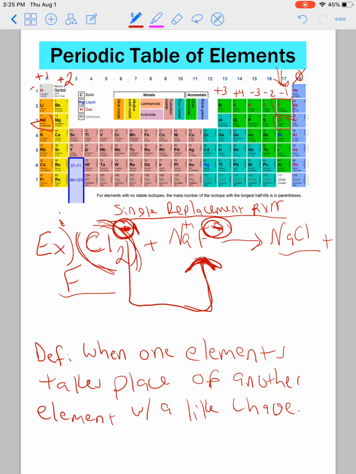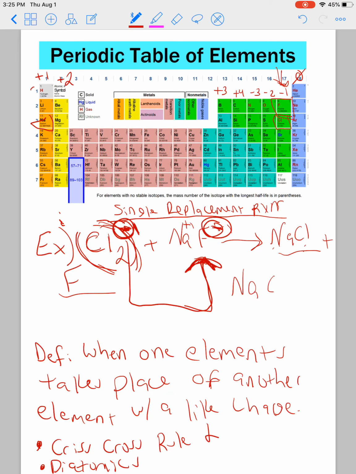Now, we're not done just yet. We have to remember crisscross rule and diatomics. So remember, crisscross rule is where you take the charges of these elements and you switch them to get their formula.